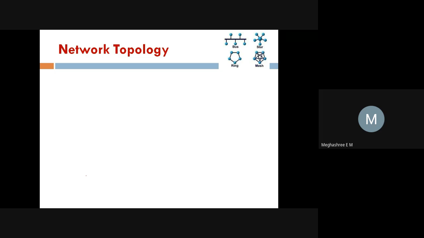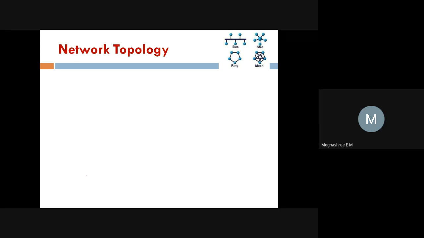Okay, so the next topic is network topology. This is the second attribute of network.